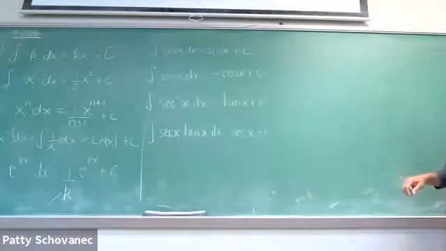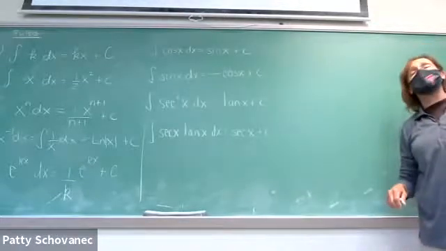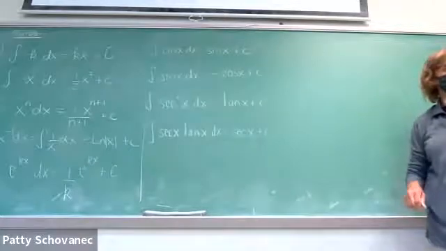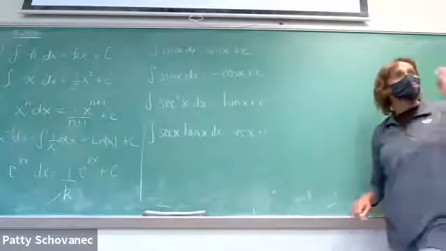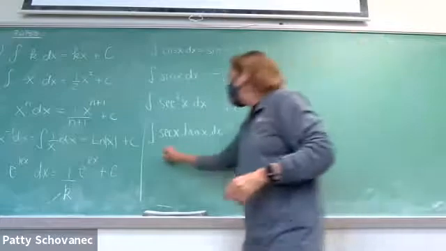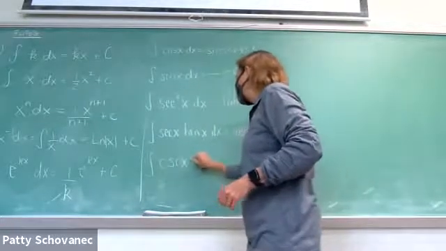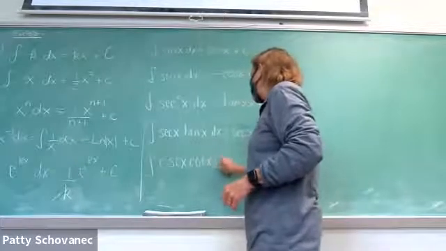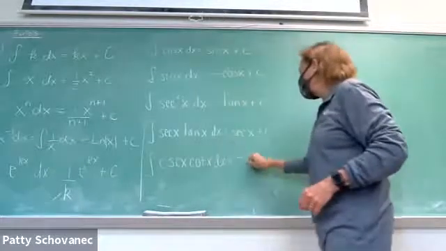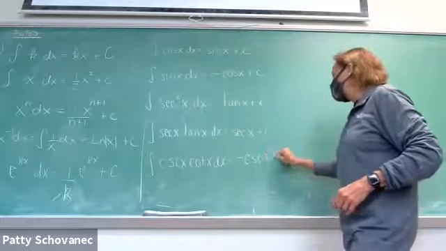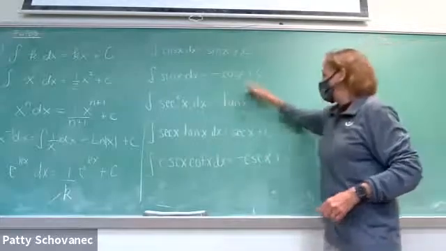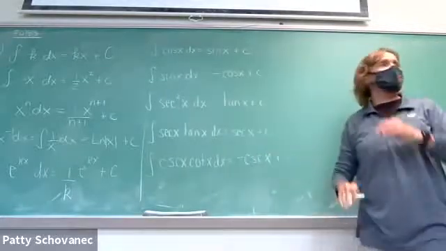Okay, I've got two more trig functions. What's the derivative of a cosecant? A negative cosecant cotangent. So if I move the negative to the other side, the integral of a cosecant of x cotangent of x is a negative cosecant of x. So sine, cosine, tangent, secant, cosecant, we need a cotangent.